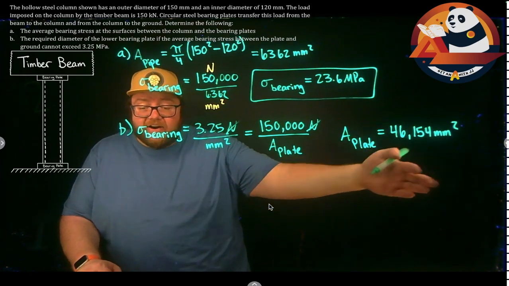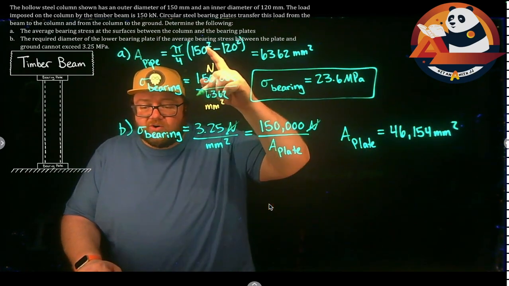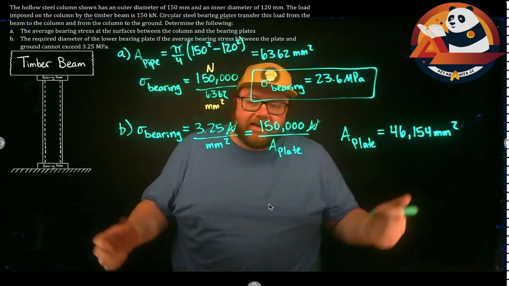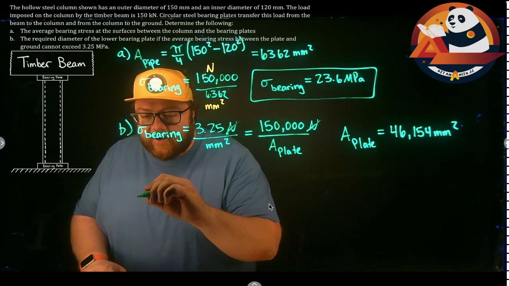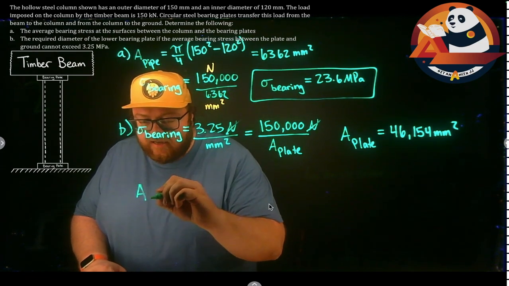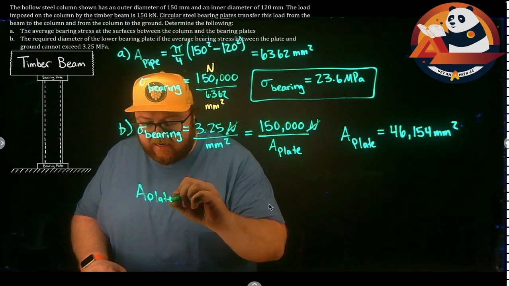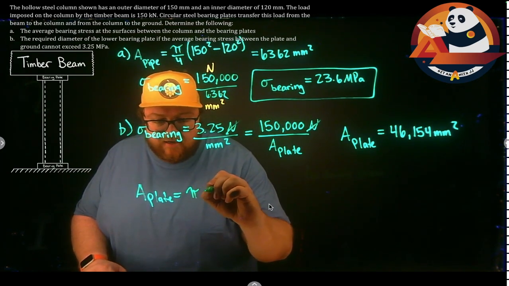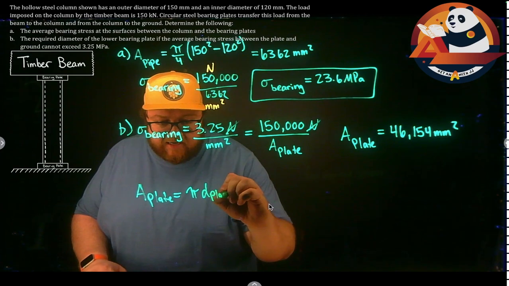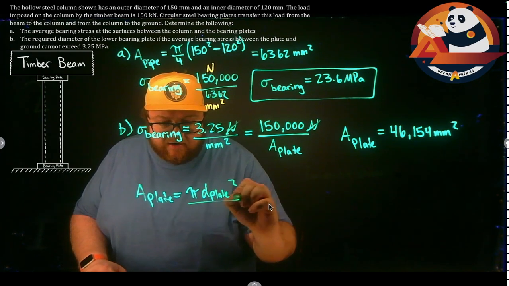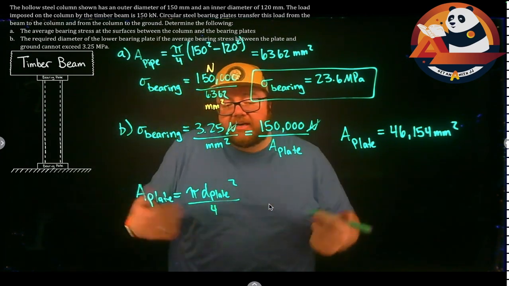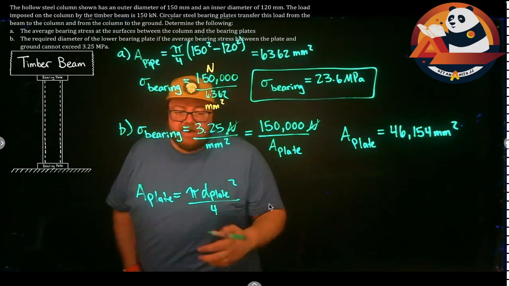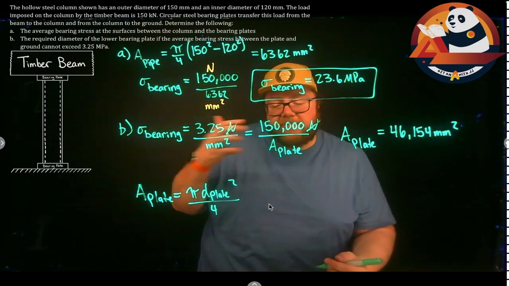From there I can come in. I'm not asked for the area of the plate. I'm asked for the diameter of that lower plate. If I have area, I can get there though. My area of this plate should be pi times the diameter of the plate squared over 4, just again using pi d squared over 4. Or I could do area as pi r squared and then multiply the radius by 2. It gets me that same end result.